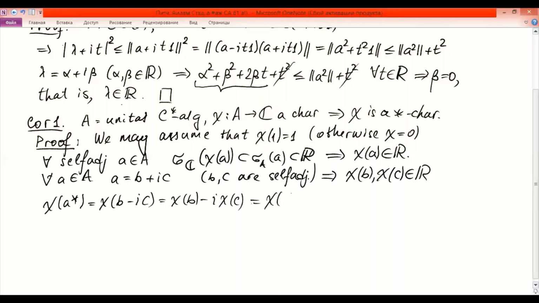This is chi of B plus I chi of C, complex conjugate. So this is just chi of A complex conjugate. And that's it. So this means that chi is a star character.